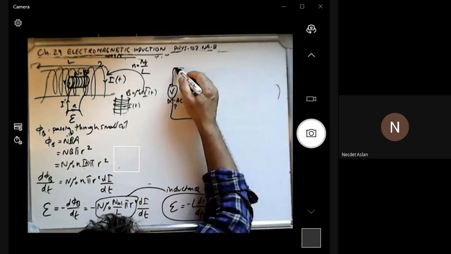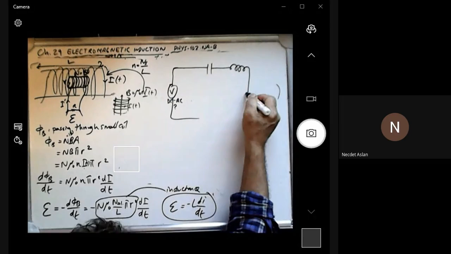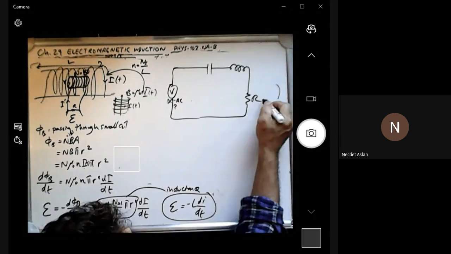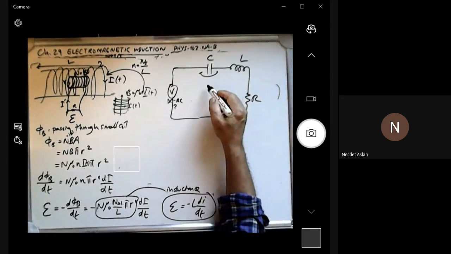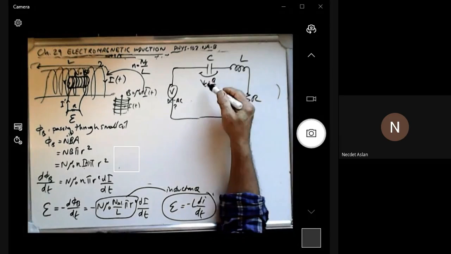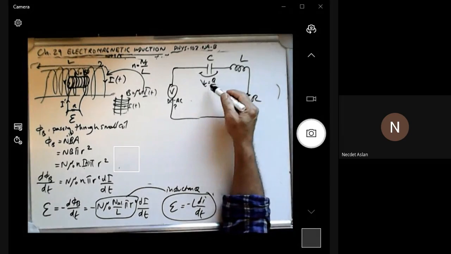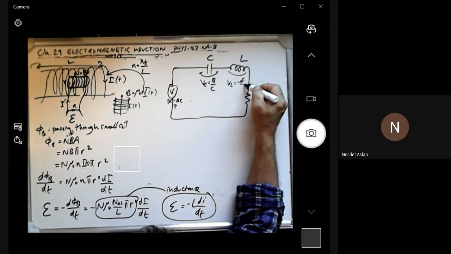We give this to the system, and capacitor, inductance, and resistance. This is what we will see. This is R, this is L, and this is C. So the voltage here, VC, is equal to Q over C. Remember that? We know that Q equals CV, but here VL is minus L di over dt.